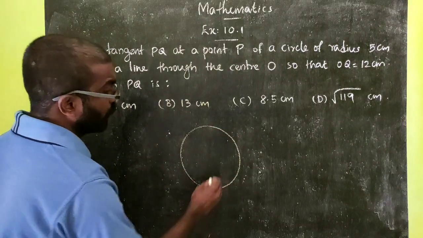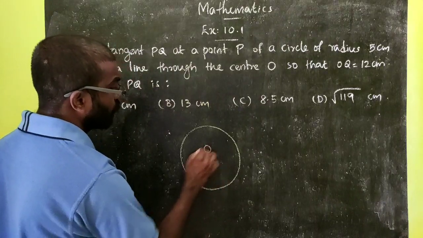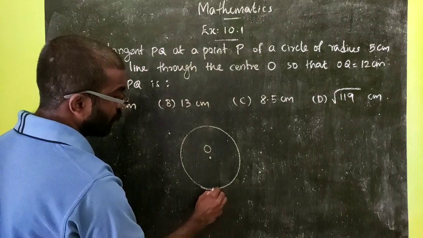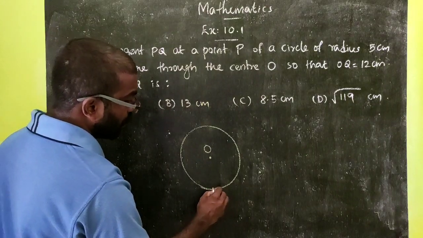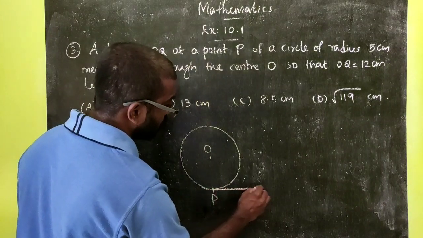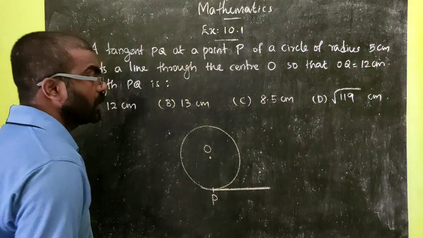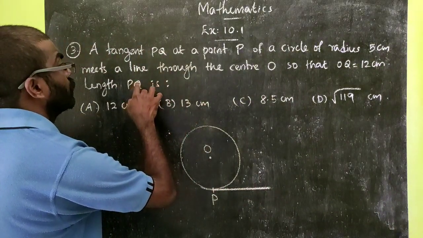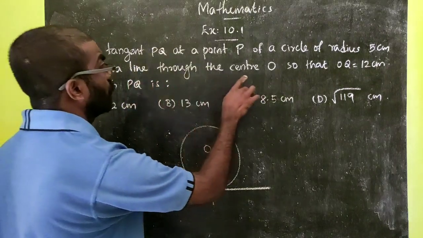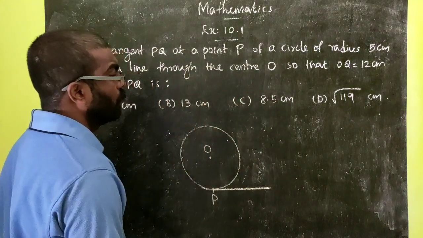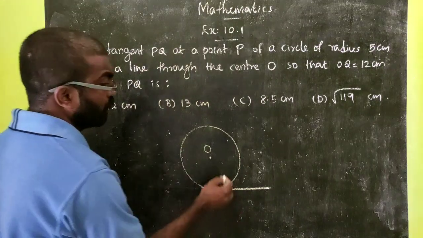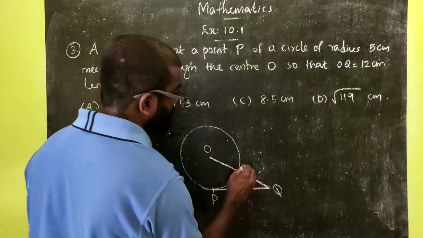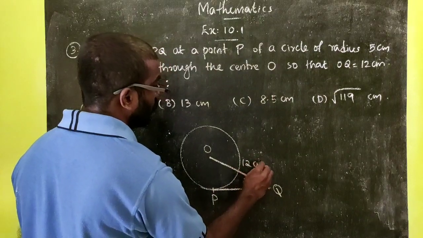Here we are given a circle with a center O and a tangent PQ at a point P. A line through the center O so that OQ is 12. So here we can mark Q and OQ is given as 12 cm.